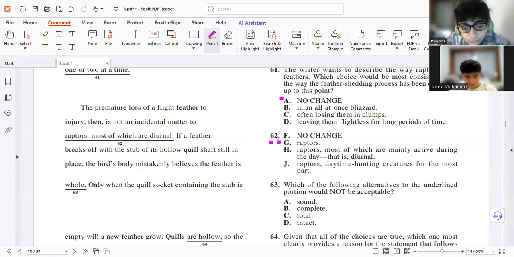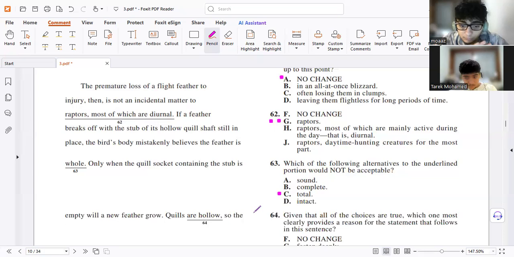What is next? For 63, I put A. 63, it must be C. The meaning, yes, look.